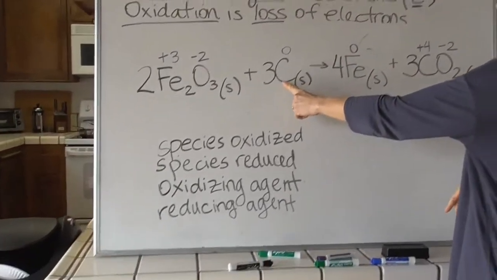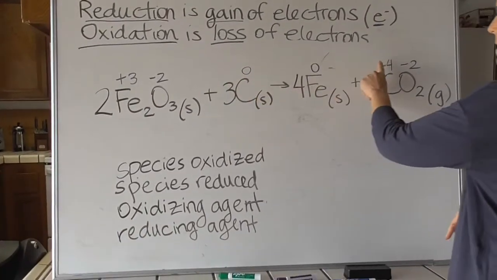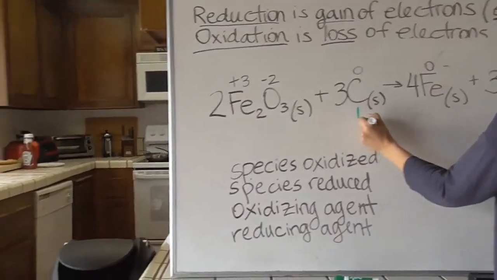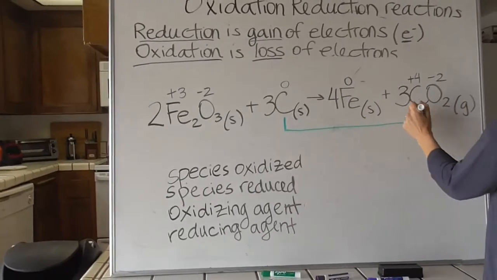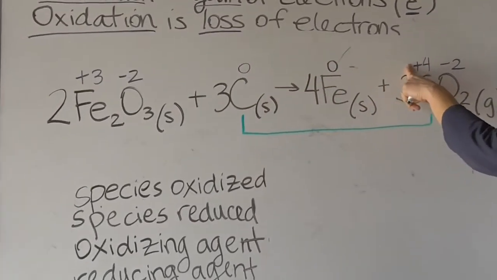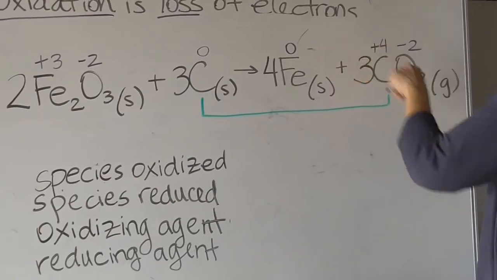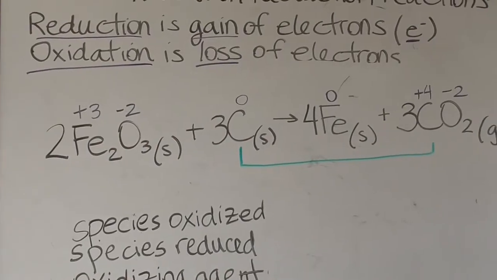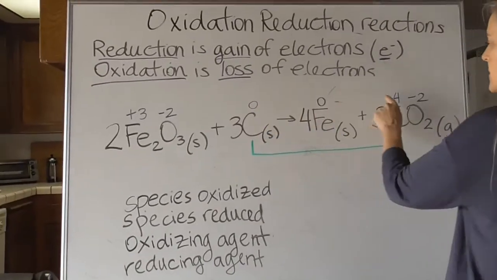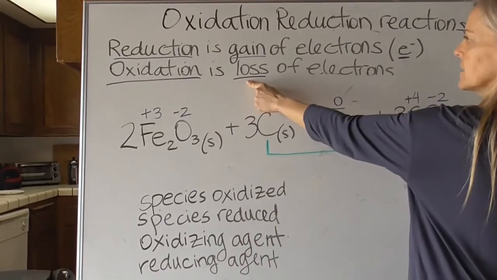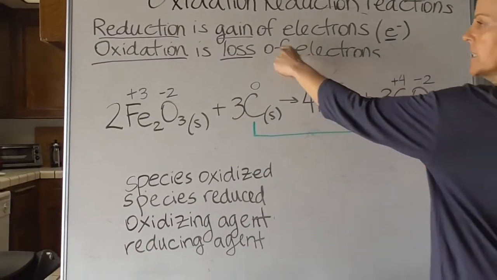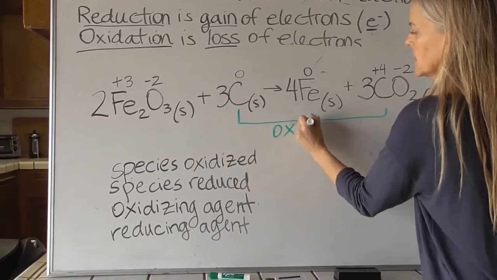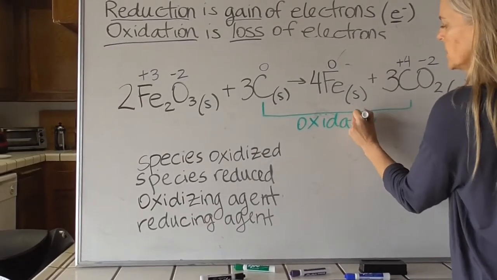The carbon went from 0 up to +4. If it increased in oxidation number, then it lost something negative. If it lost something negative, that's the loss of the negative electrons. So that process is an oxidation process.